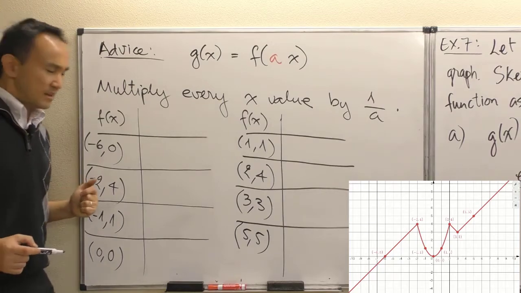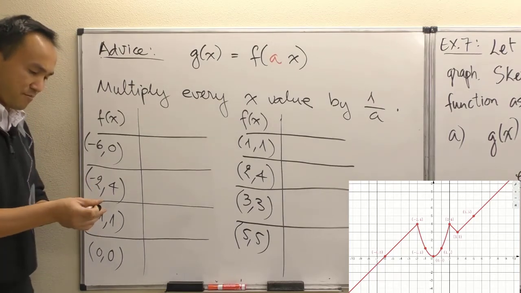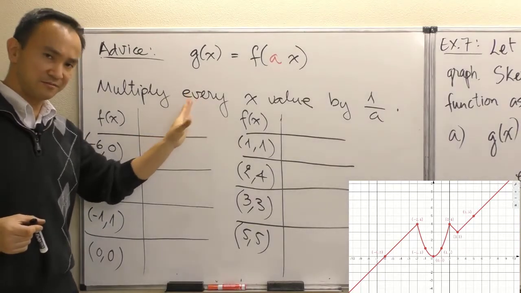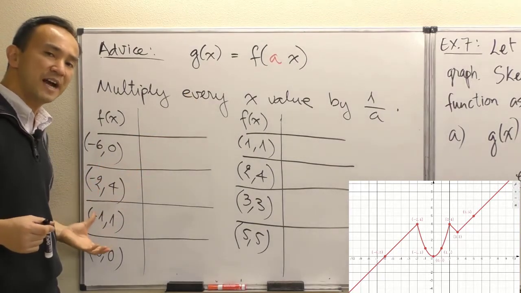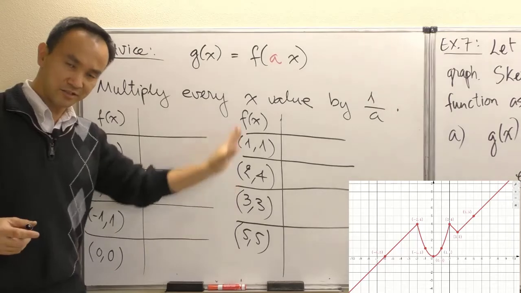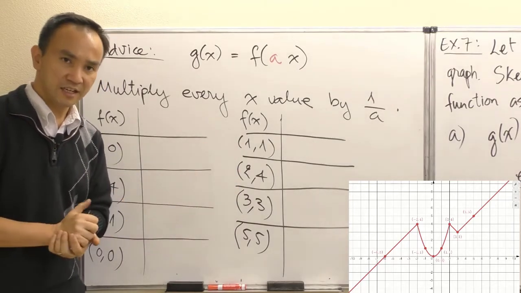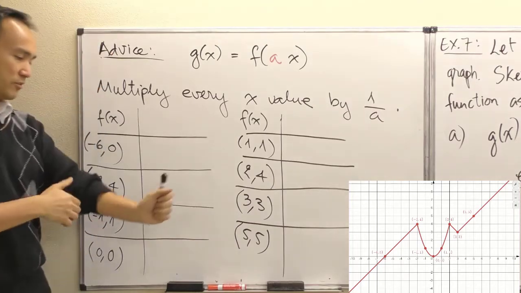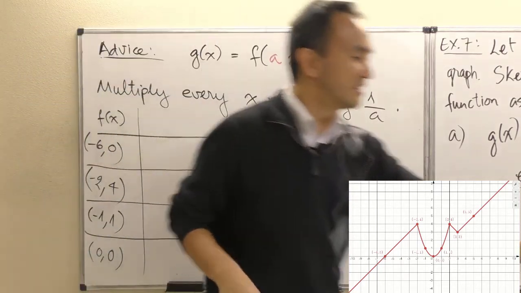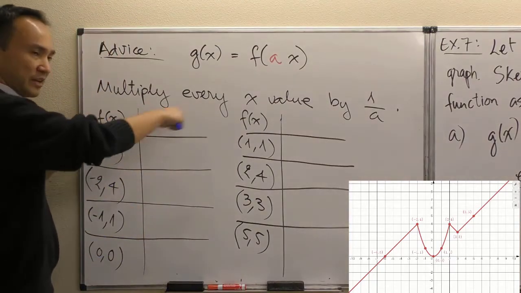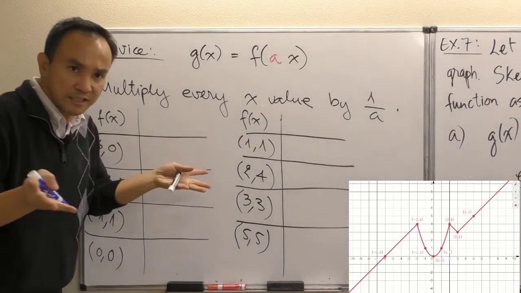Now, applying this advice to every x value on this set of guiding points of our current graph will get us successful work. We don't have to use this advice for every point, because literally it's impossible.